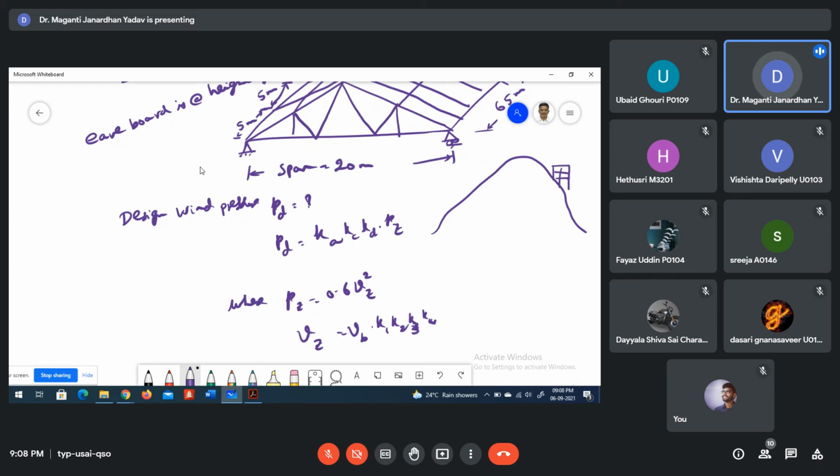In a nutshell, I am telling you, you have to find out Pd, design wind pressure, that is given by Ka, Kc, Kd into Pz. Pz is equal to 0.6 Vz square, Vz is equal to Vb into K1, K2, K3, K4. We have to see what is K1, K2, K3. Then Vb depends on the city.